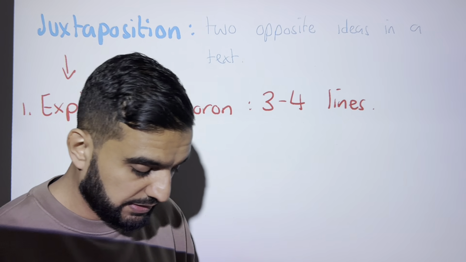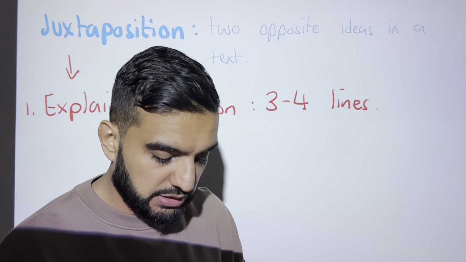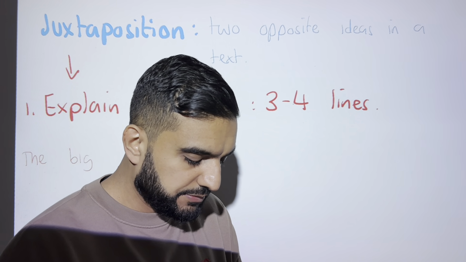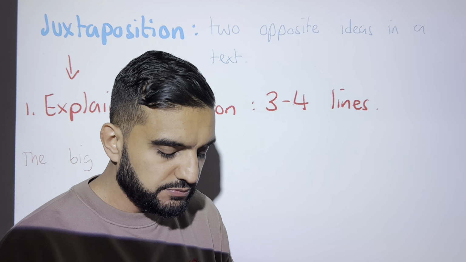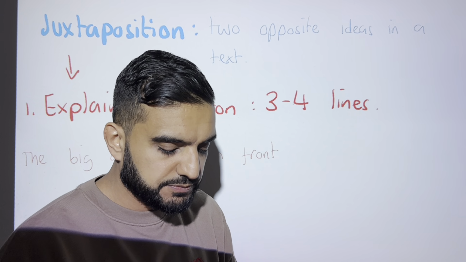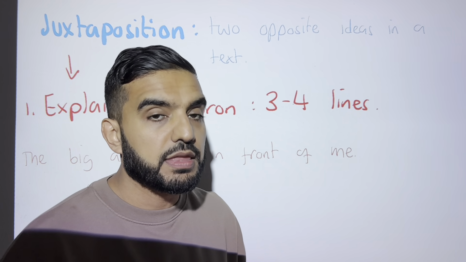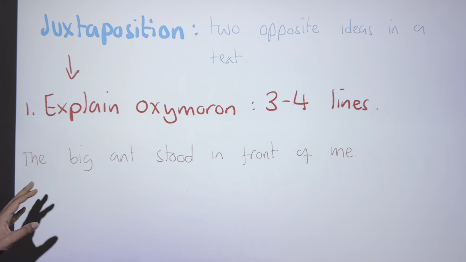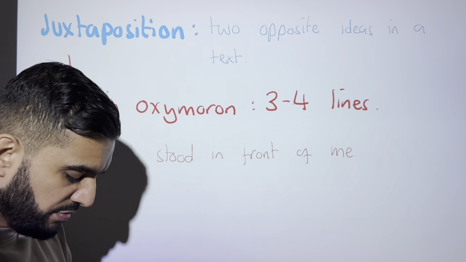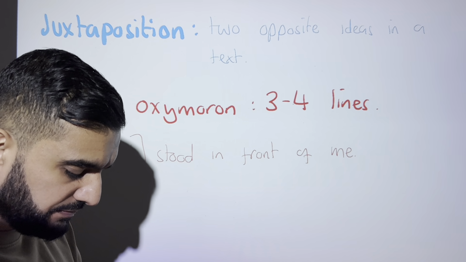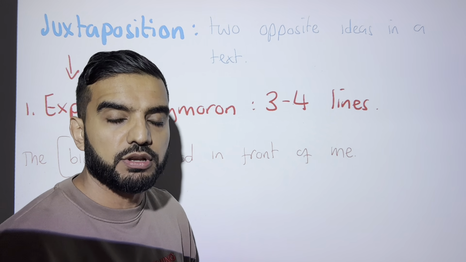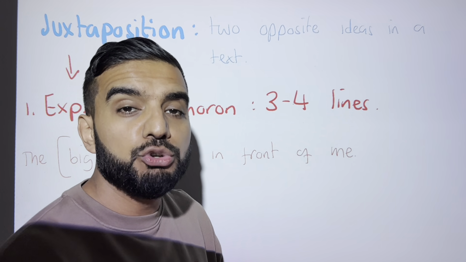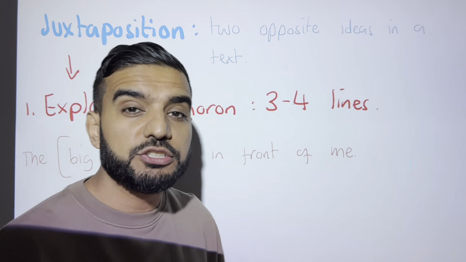So for example, let's do one together. The big ant stood in front of me. Is that juxtaposition? No. At the moment, all I've got is an oxymoron. That's all I've got so far. But I need my oxymoron to create space now for the juxtaposition.